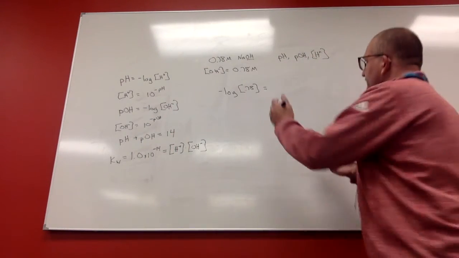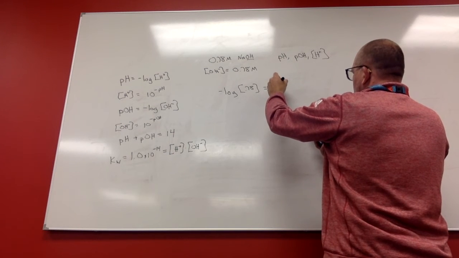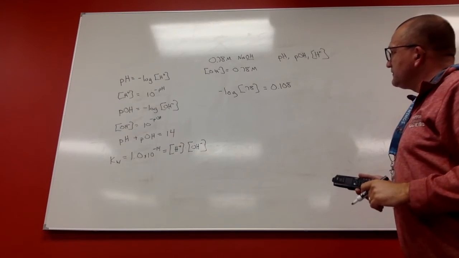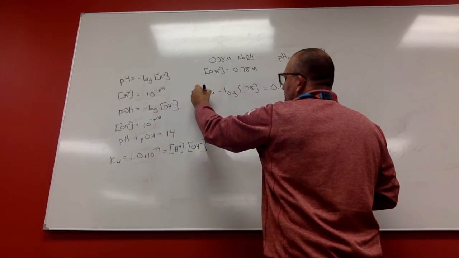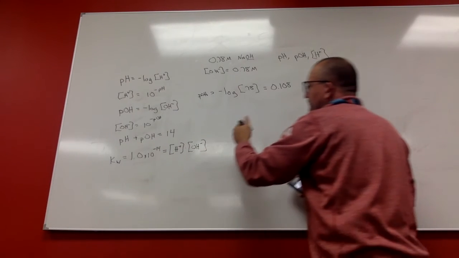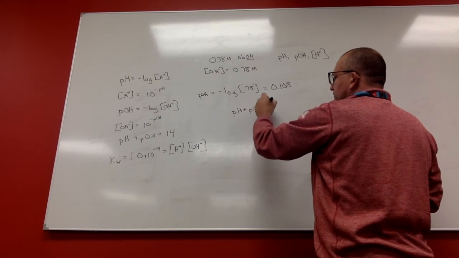And so your pOH is 0.108. I think we're okay with sig figs there. So there's my pOH. All right, so there's the pOH. pH plus pOH equals 14. So pH plus pOH equals 14.